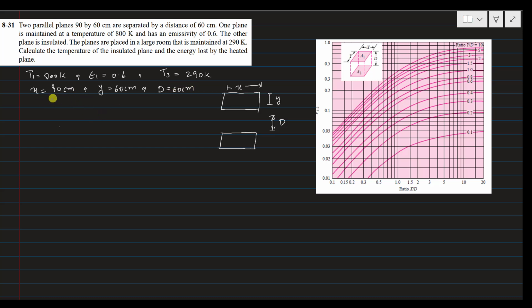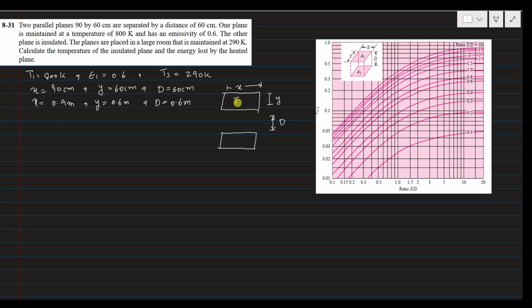To convert that into meters, just divide the centimeter value by 100. So you will get x as 0.9 meter, y as 0.6 meter, d as 0.6 meter. This is plane 1.